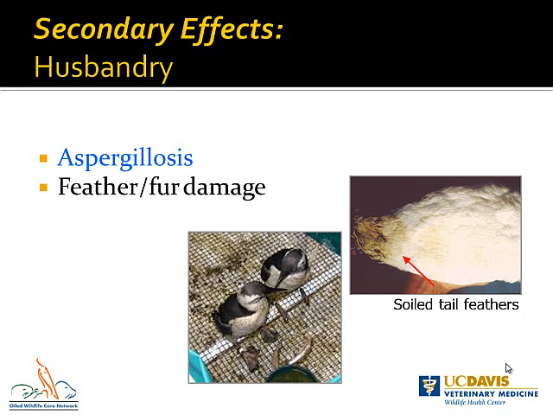So now we have these net bottom pens that are actually raised a little bit above the ground, and so they're easier to clean. The fecal material goes through the netting, and so they're not sitting in that, but it really is very difficult to maintain good feather condition.